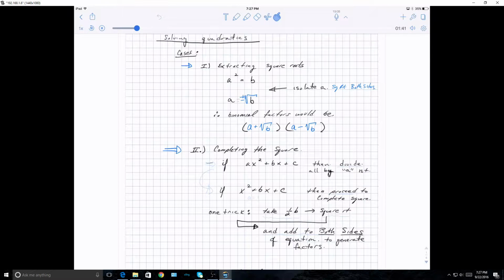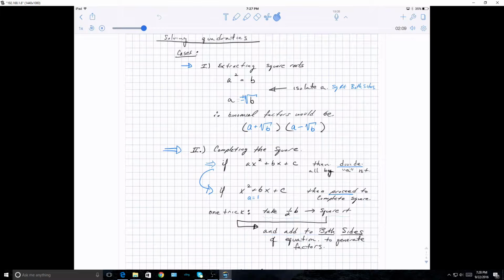If there is some lead coefficient other than 1, then you just simply divide everything by that number to start out, and ultimately end up with this. And if we end up with this, then we can proceed. What do we mean by this? This is when a, the lead coefficient, is 1.